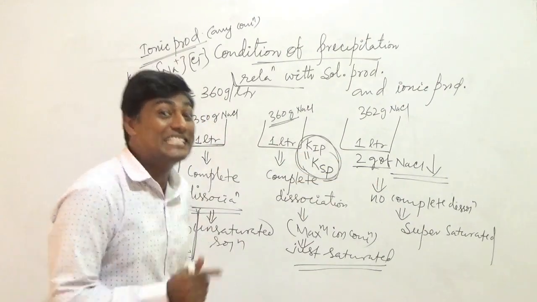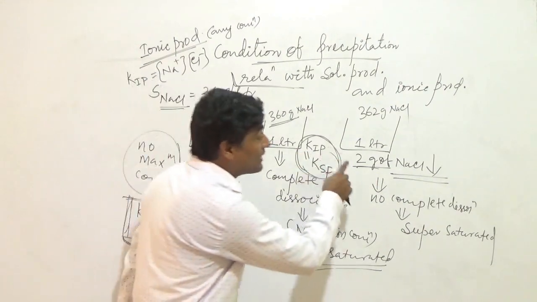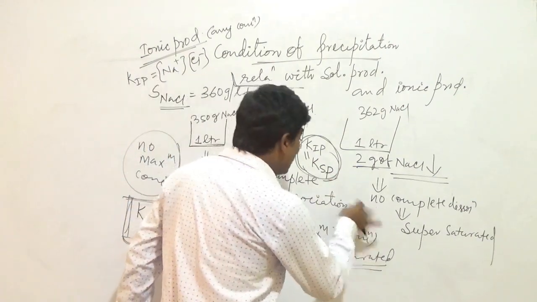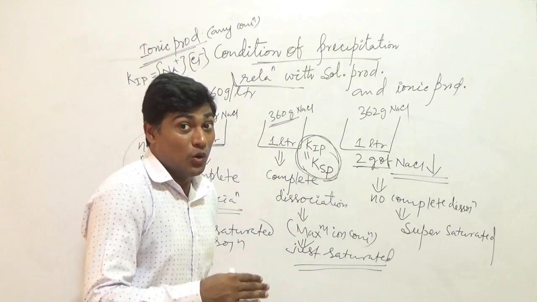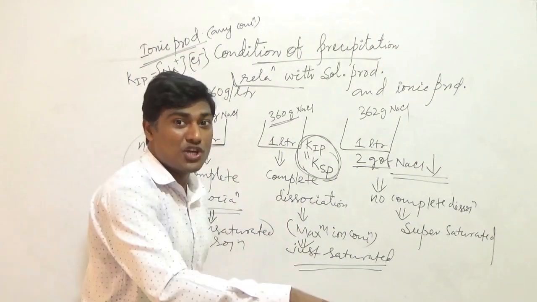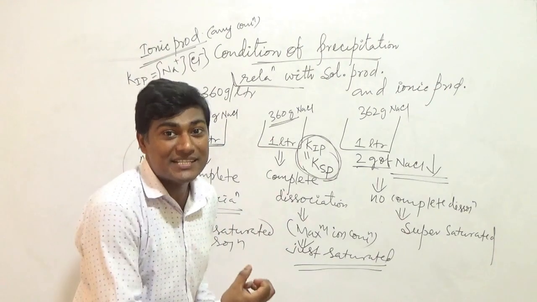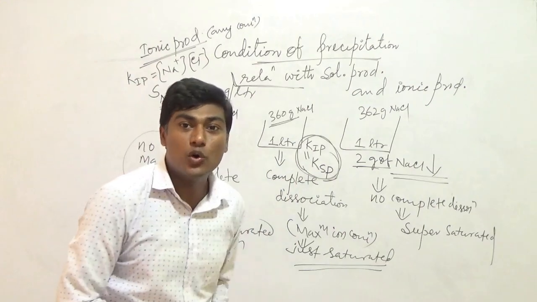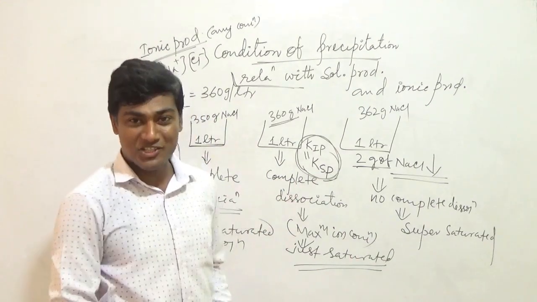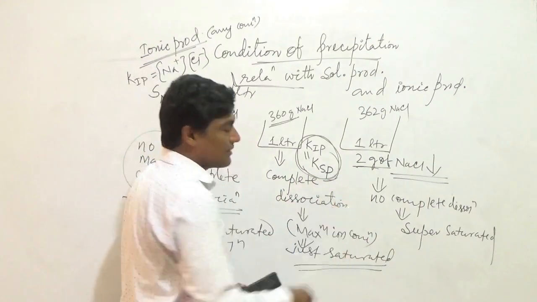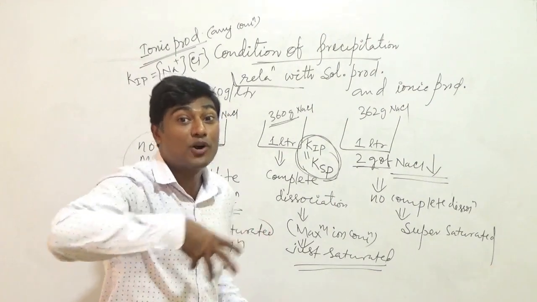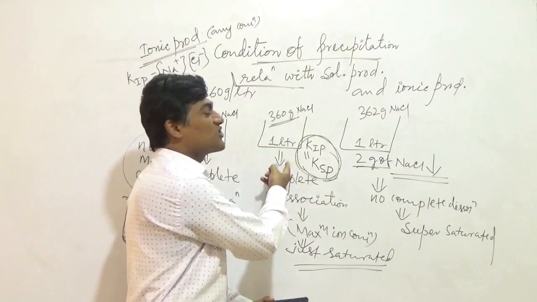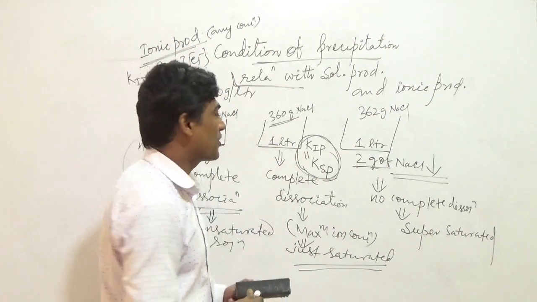Now, when you add more than 360 gram, the ion concentration is definitely greater than the ions at maximum concentration, so the product of ions is greater than the solubility product.